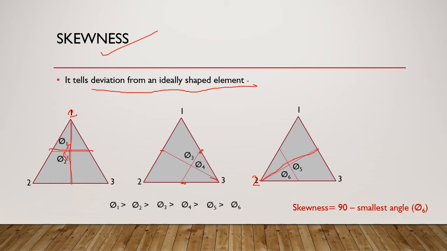It goes to the opposite edge and joins the midpoints of this edge and this edge. You will get two angles, phi 5 and phi 6. Now you arrange all these 6 angles in ascending order. The minimum angle which you get, you subtract it from 90, and you will get your skewness. So that's how you measure skewness.